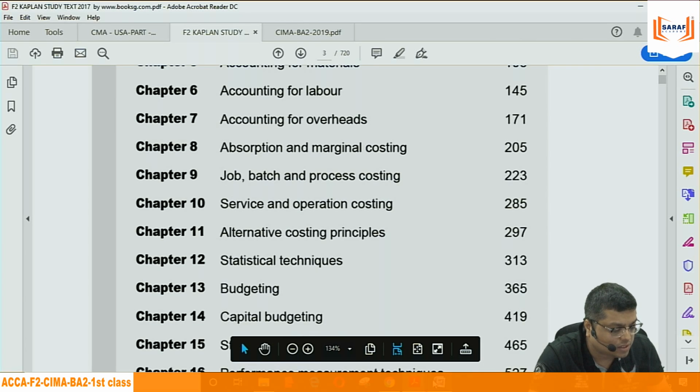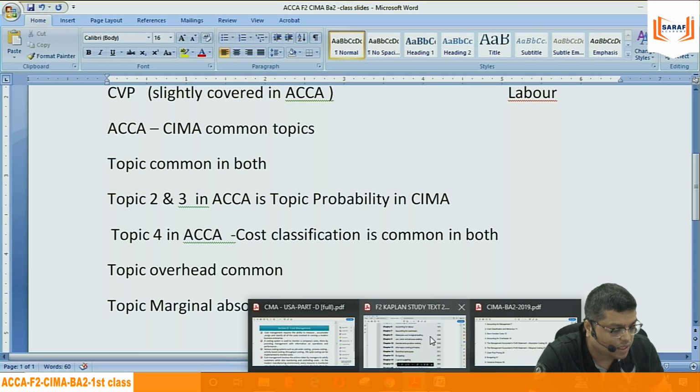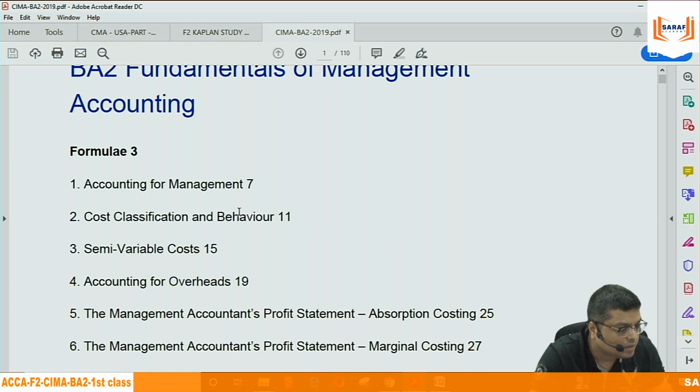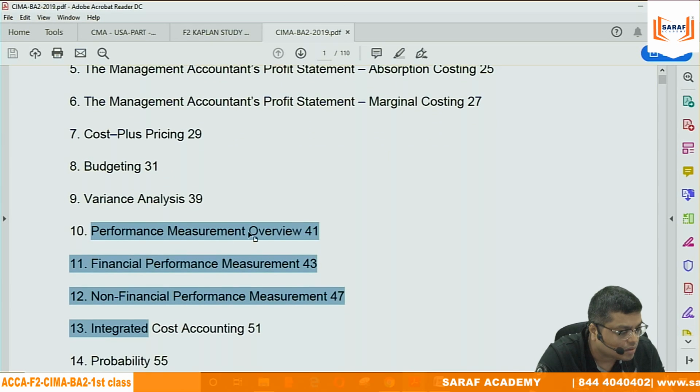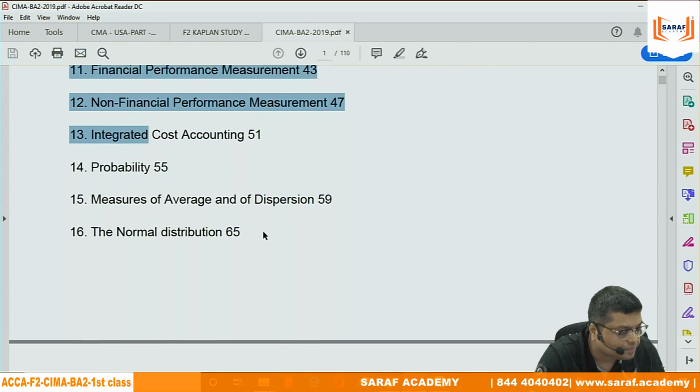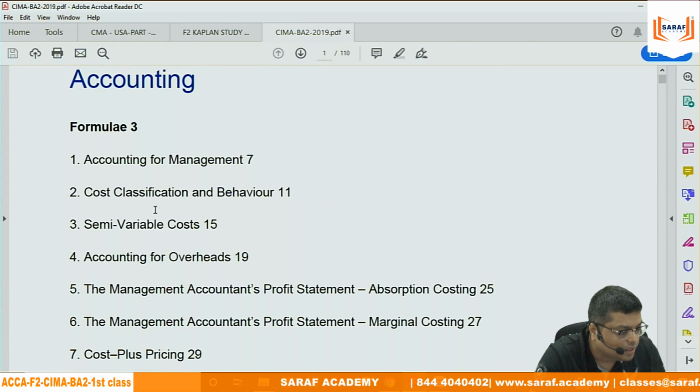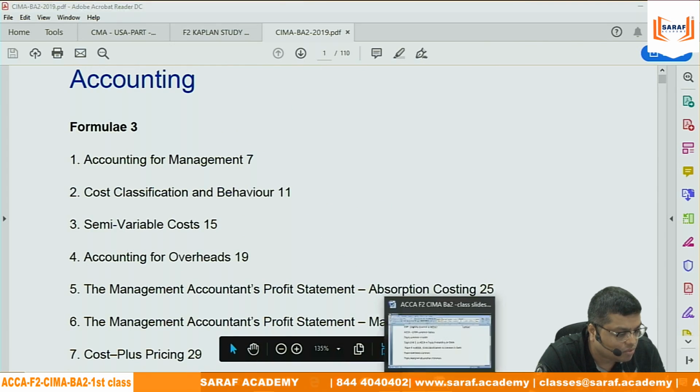Job, batch, process. Here in CIMA it is included under cost classification only.